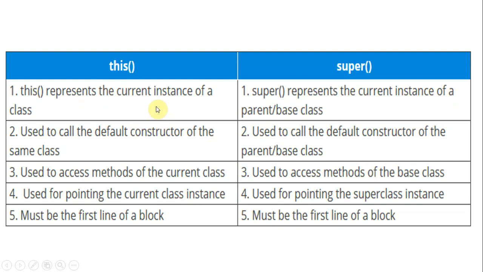In that class, if there is a problem with the parameter and instance variable names, then we can go with this keyword. But when it comes to the inheritance concept, there is no inheritance in this. When it comes to inheritance, if there is an issue with the parent and subclass variable names and methods, then we can go with super. That is the difference.